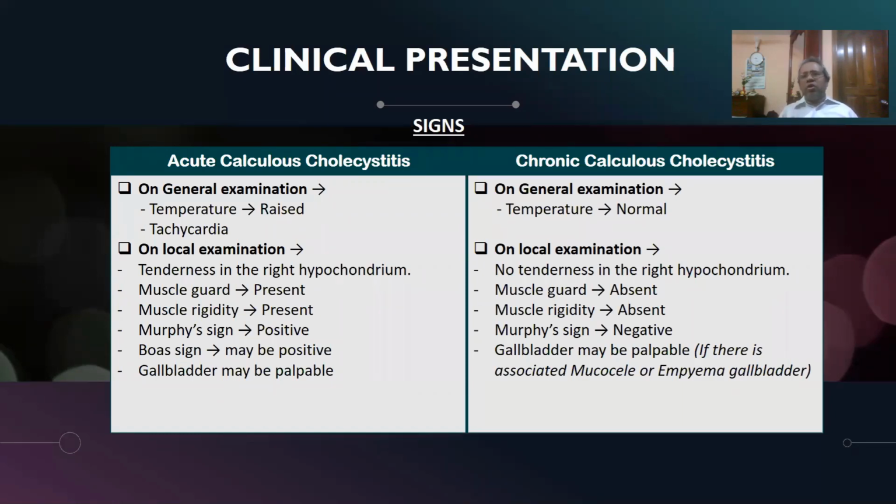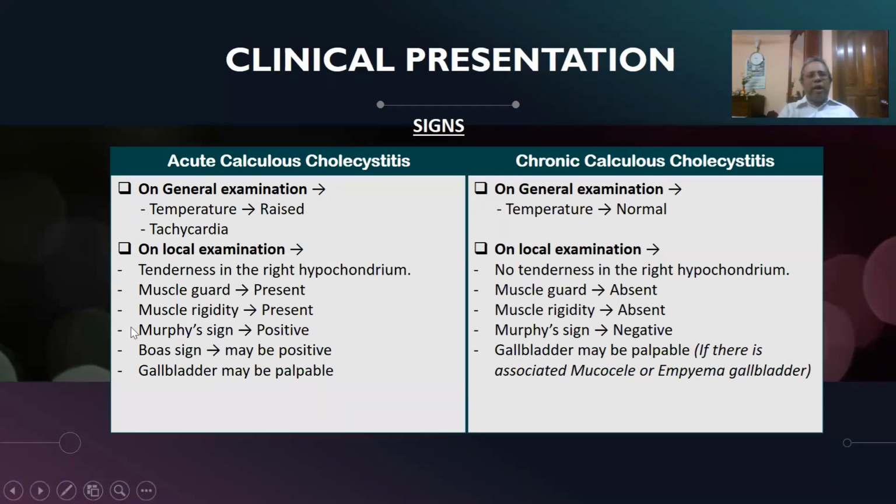So the muscles contract and become rigid. Whenever you examine, the right upper quadrant muscle is more rigid in comparison to the left side. This is called muscle guard, present on the right upper abdomen, and muscle rigidity is also present.